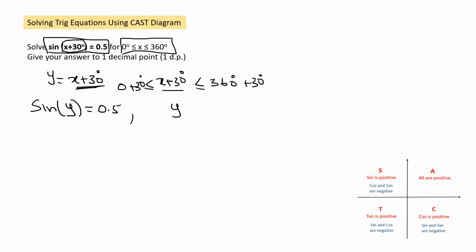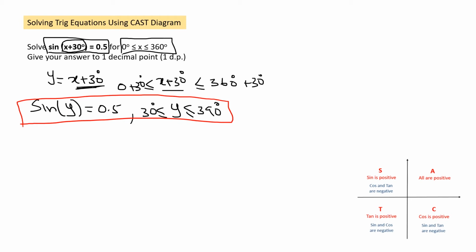So y should be between 30 degrees and 390 degrees. Now we have changed the equation into an equation which is familiar to us, which is sine y equals 0.5, and we need to find the answers in this range.